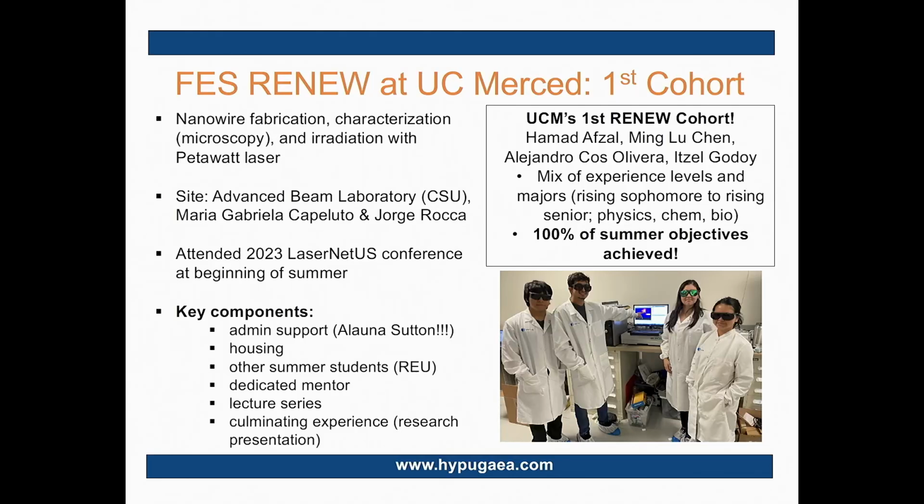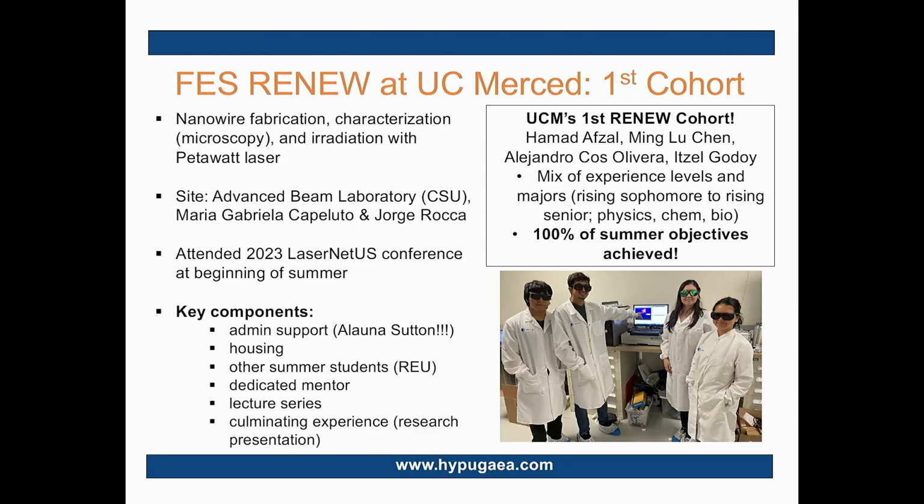And so we had our first cohort last year, and they had a great time working at the Advanced Beam Laboratory at Colorado State University. They got to attend the LaserNet US conference, and they were fabricating nanowire arrays and irradiating them with petawatt lasers, right? This is huge, and it's a difference in levels, right? So we had a team that had somebody right after her freshman year, all the way up to somebody that was a rising senior, and they came from a variety of majors.